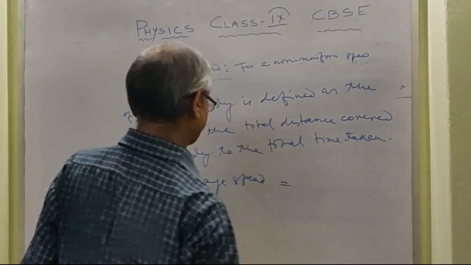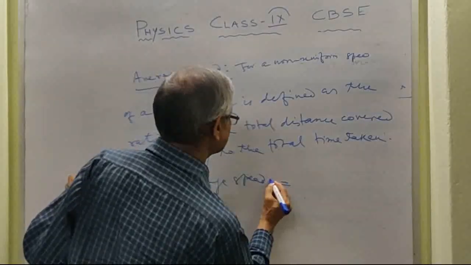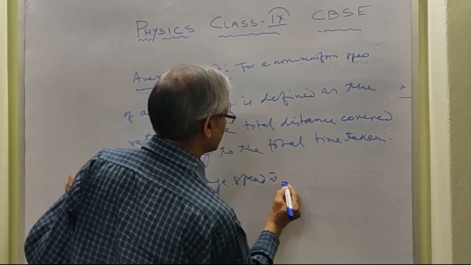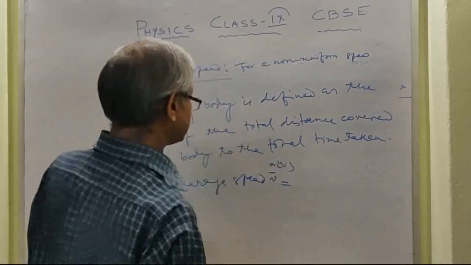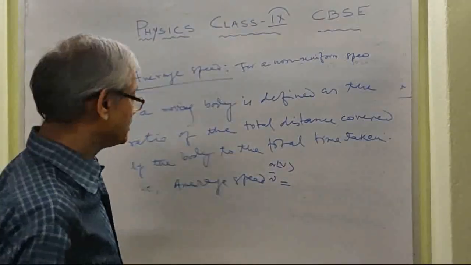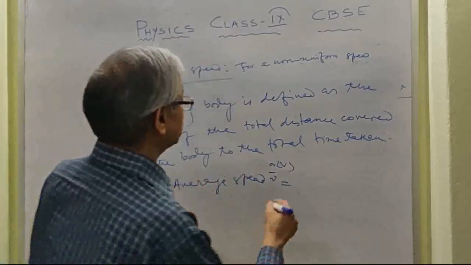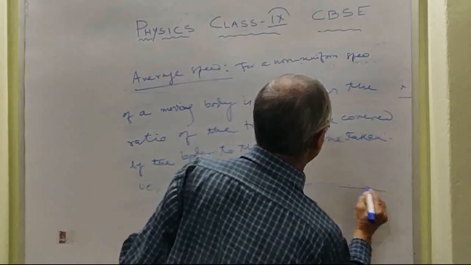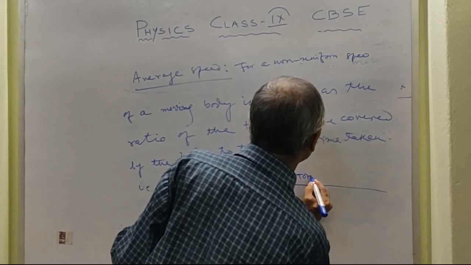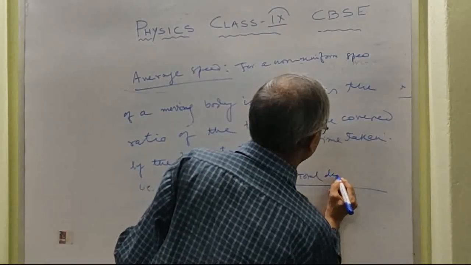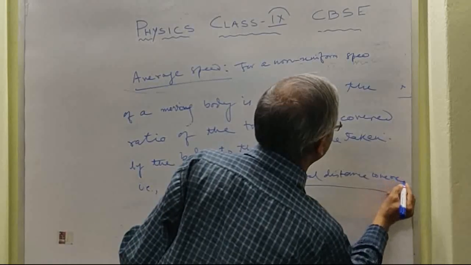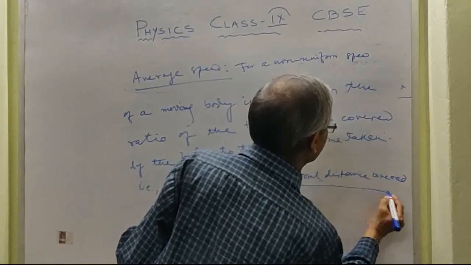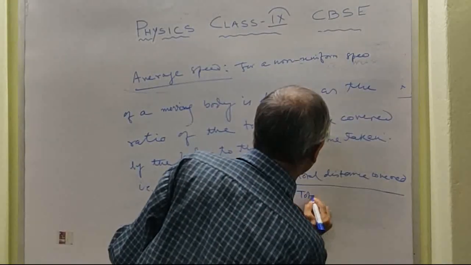Average speed, which we may write as V bar or V, is equal to the ratio of total distance, not displacement, total distance covered, by total time taken.